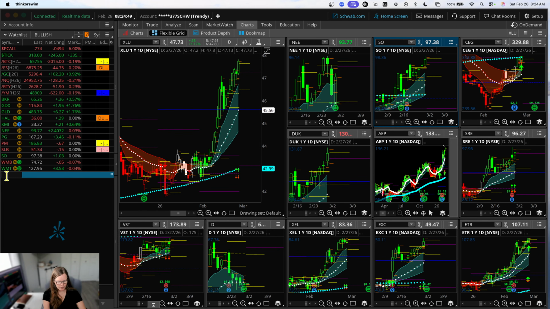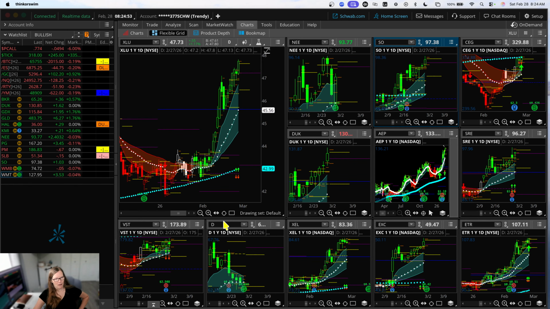So, not all names on this particular grid are names I'd want to necessarily trade to the upside. Now, most of them, a vast majority are, okay? But you see Dominion here, how price is falling, and we're making lower lows and lower highs.